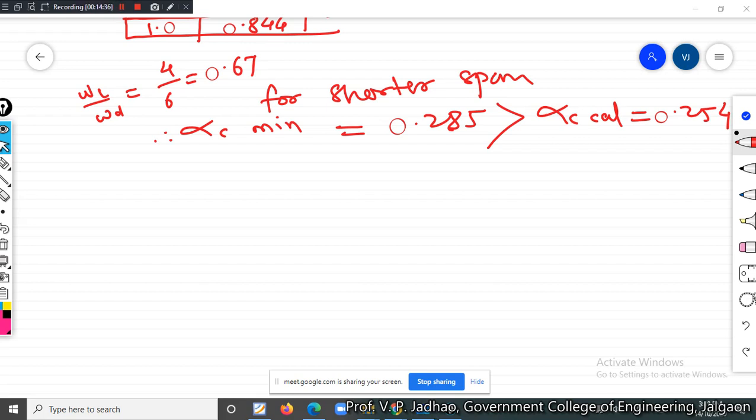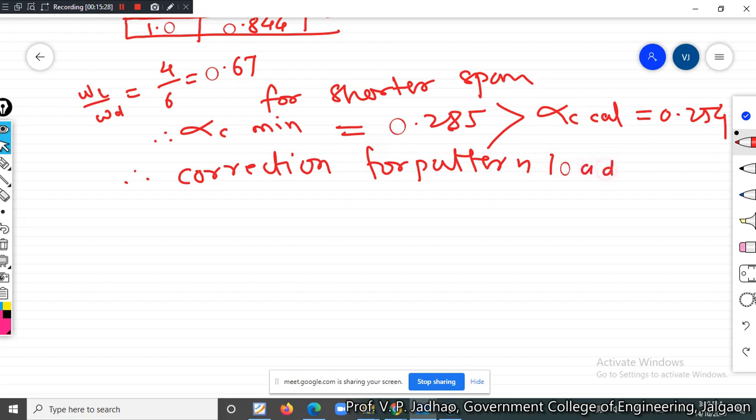Therefore, the alpha C calculated was 0.254, and for this particular case also, correction for pattern loading is required, because alpha C minimum is greater than 0.254.